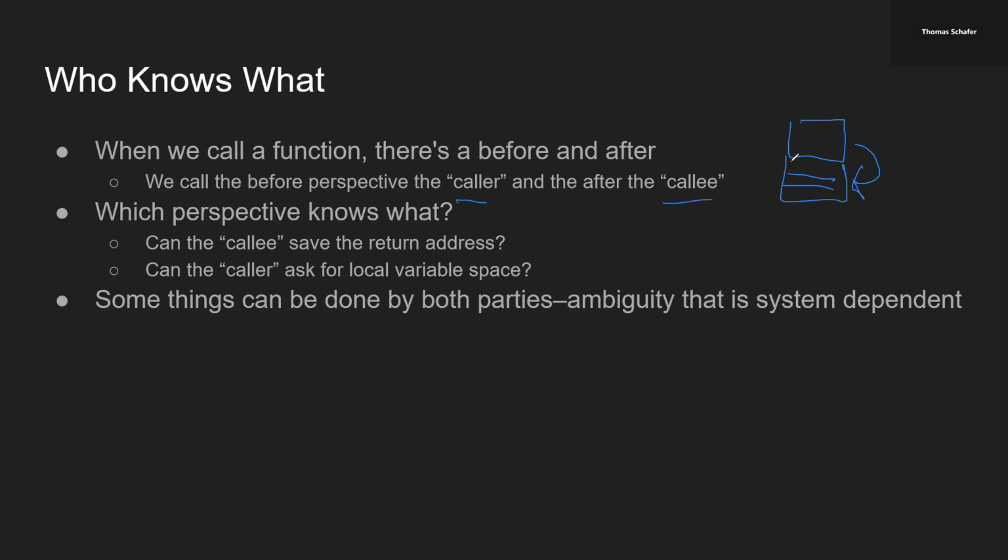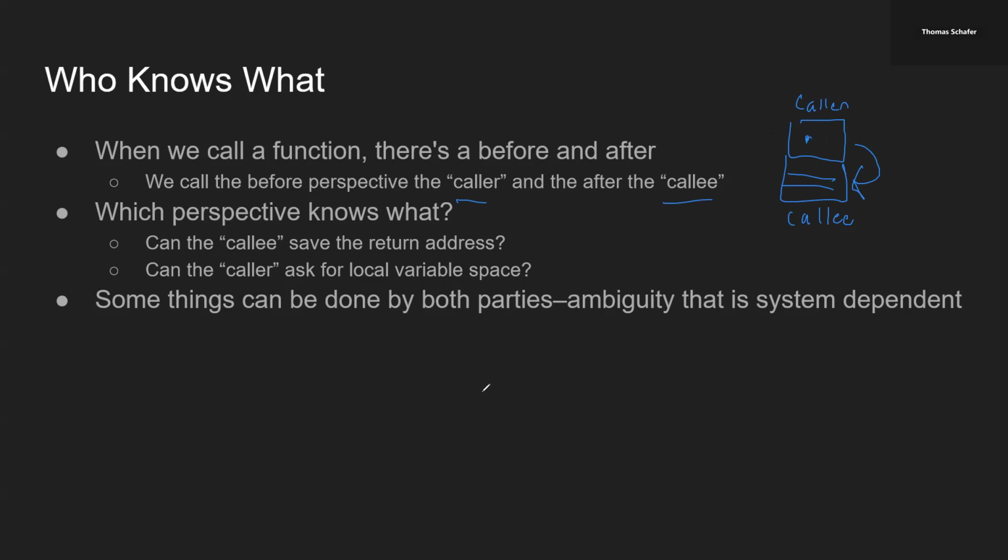The computer doesn't keep track of what's the last instruction we did. All the computer cares about is its current instruction and maybe, depending on how things are laid out, its next instruction. It has no way of tracking the previous instruction. And so if this is our caller and this is our callee, we need to save the return address in the caller because only the caller knows, hey, this is where I want you to return to.